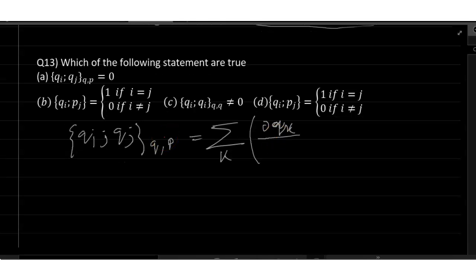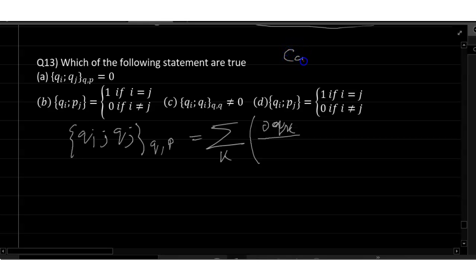So friends, the problem is the canonical Poisson bracket.